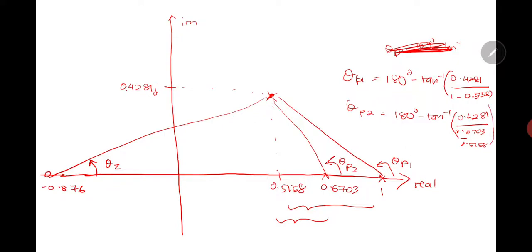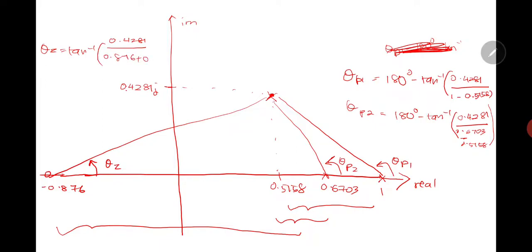And then theta Z is equal to tangent inverse of the height 0.4281 divided by the width, which is 0.876 plus 0.5158.